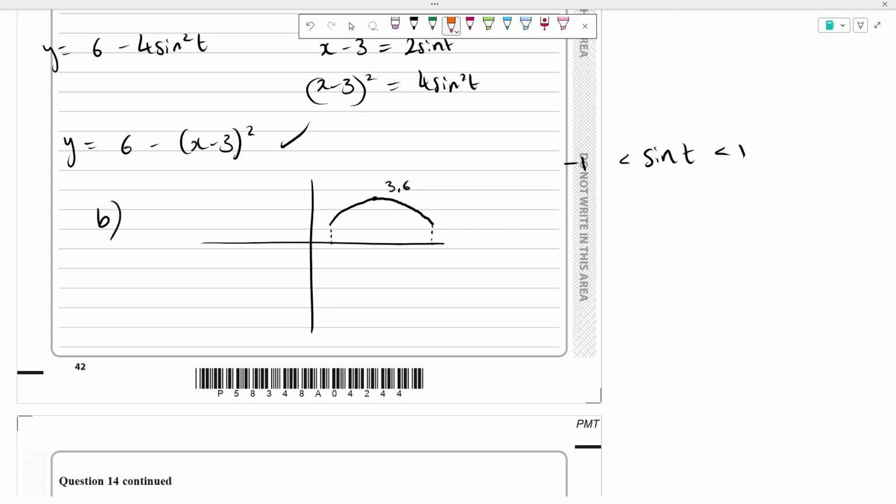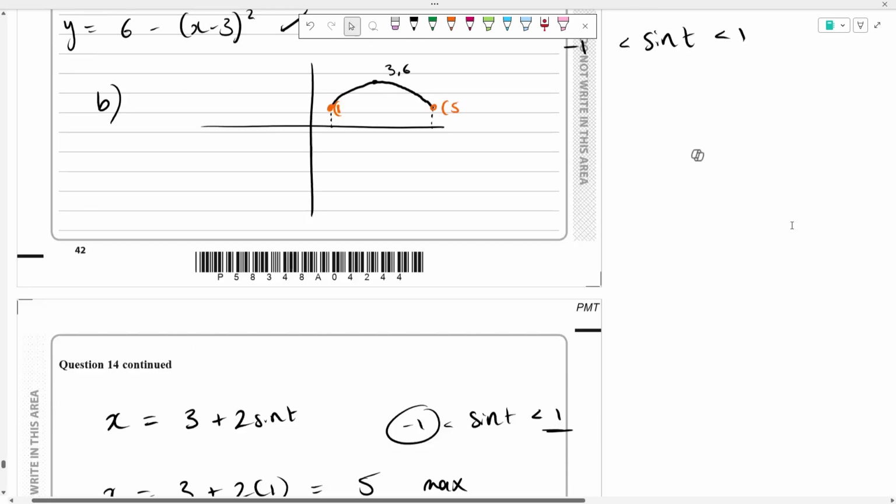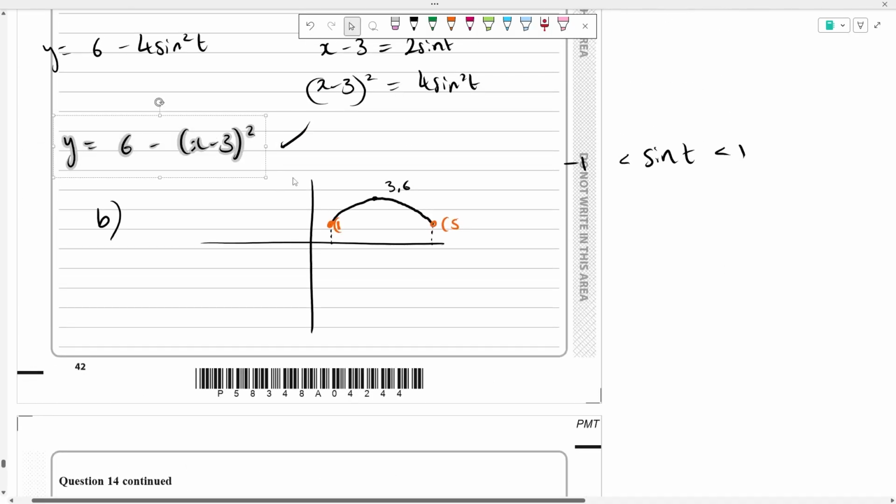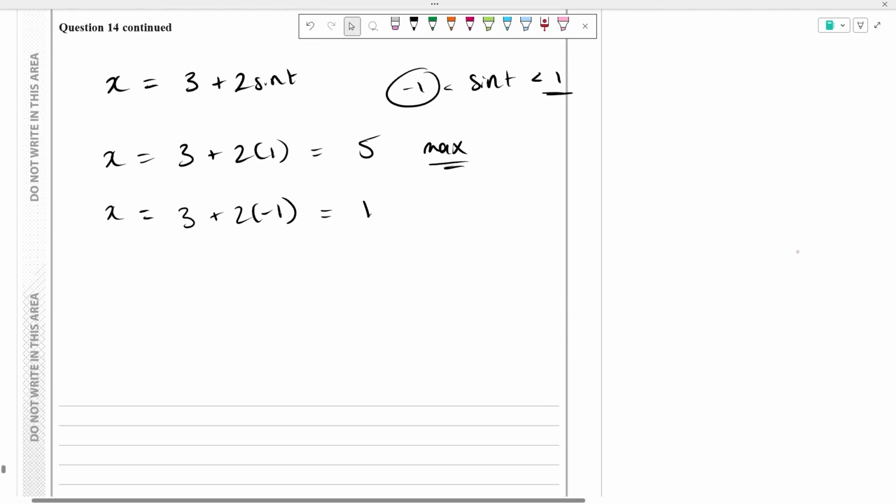I think it's a good idea to also find out the coordinates of these. We know this is x is equal to 1, and this is x is equal to 5. We can substitute it into here to quickly work out the y-coordinate. If y is equal to 6 minus (x minus 3) all squared, let's substitute this in.